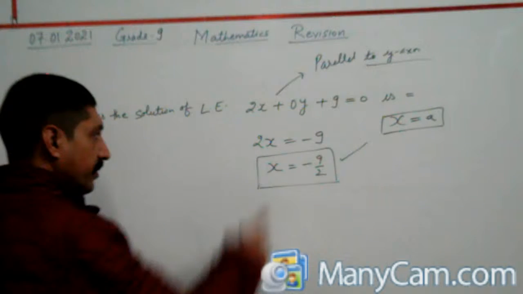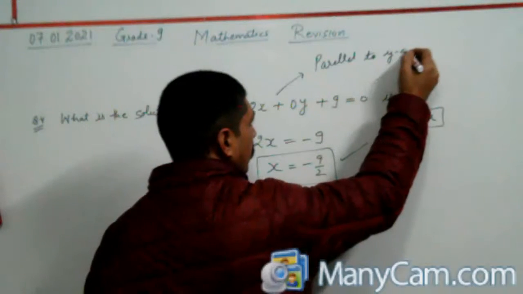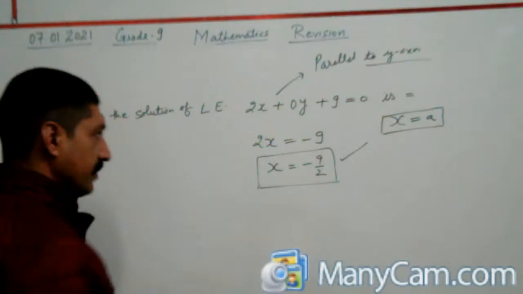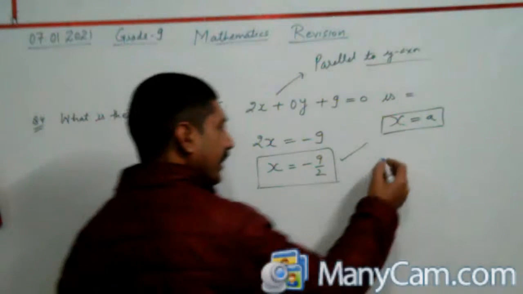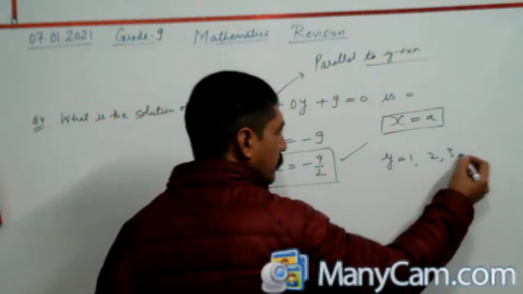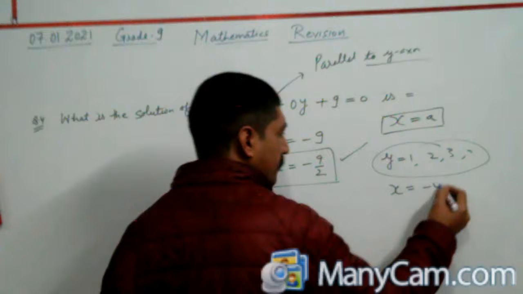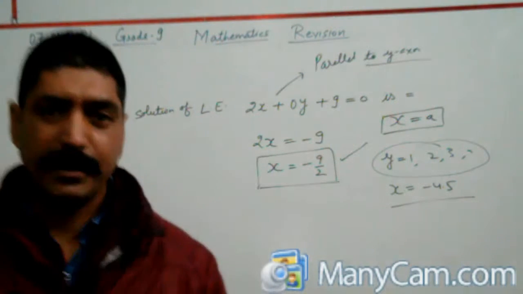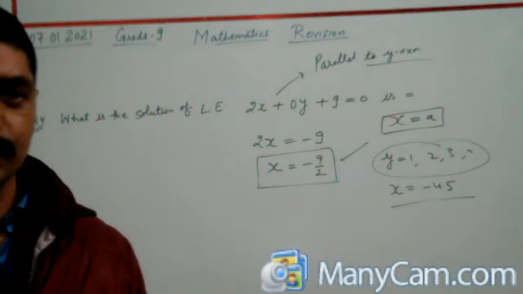X is confirmed, and y can have any value. Y can be 1, 2, 3, 4, and so on. But x is confirmed as minus 4.5. What is the value of x? Minus 4.5.